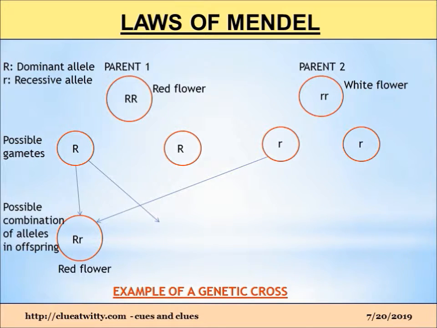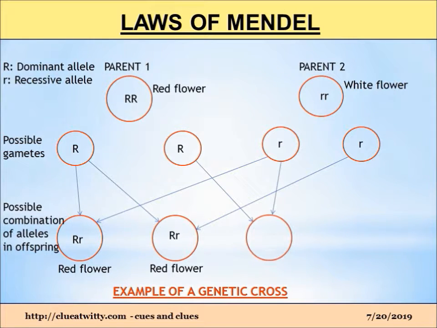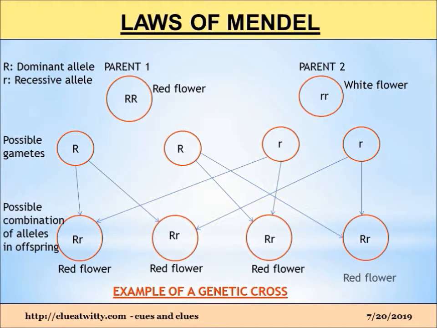Similarly, you can see all 4 offspring are heterozygous in nature and have the genotype capital R small r and are red in color. So the first generation is 100% red for the phenotype of the cross. In this process, we also see that capital R is dominant while small r, that is white color, is recessive.